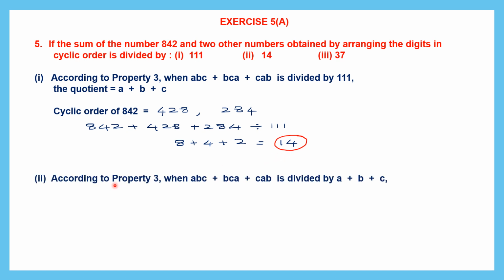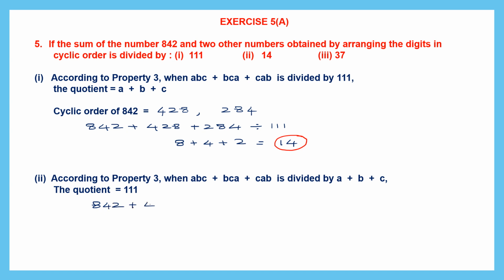Now according to property 3, again, when ABC plus BCA plus CAB is divided this time by A plus B plus C, now A plus B plus C is 14, when it is divided by that, then the quotient is always 111. So again, let's take this. ABC means 842.